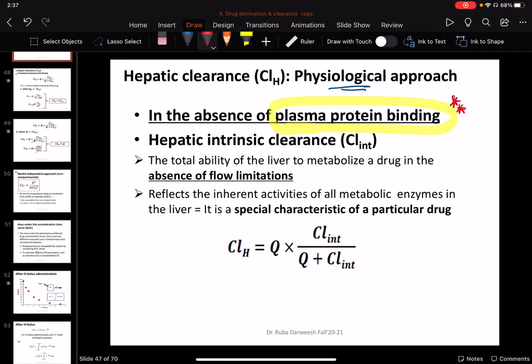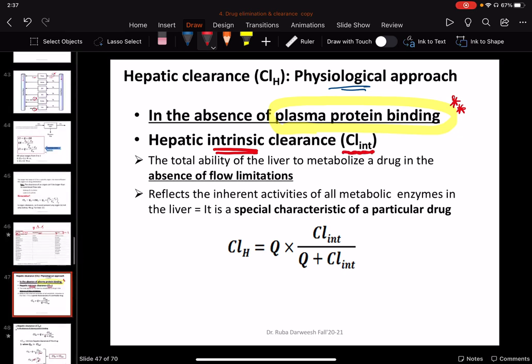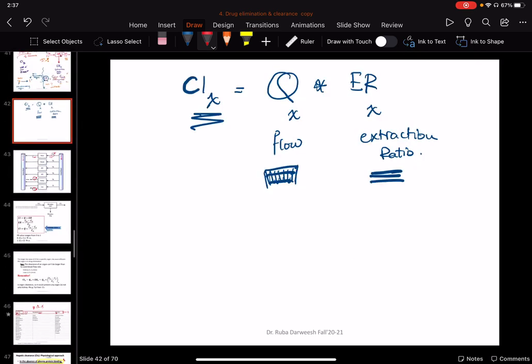One of the clearances that we will use is called the intrinsic clearance of the hepatic. If we go back, I mentioned that we could have flow as a factor and the extraction ratio of the drug.